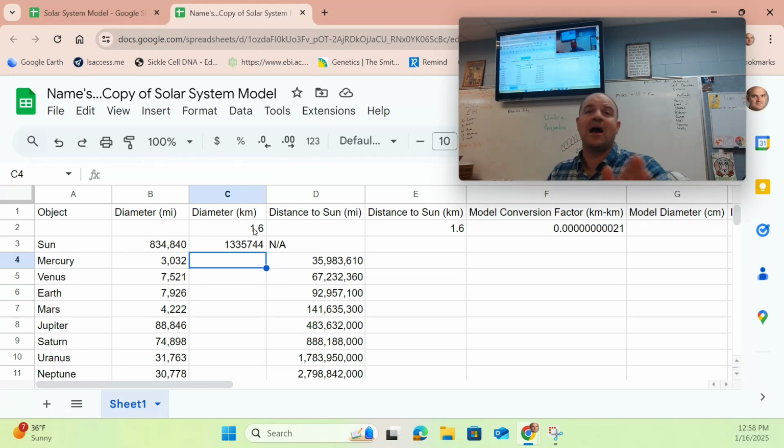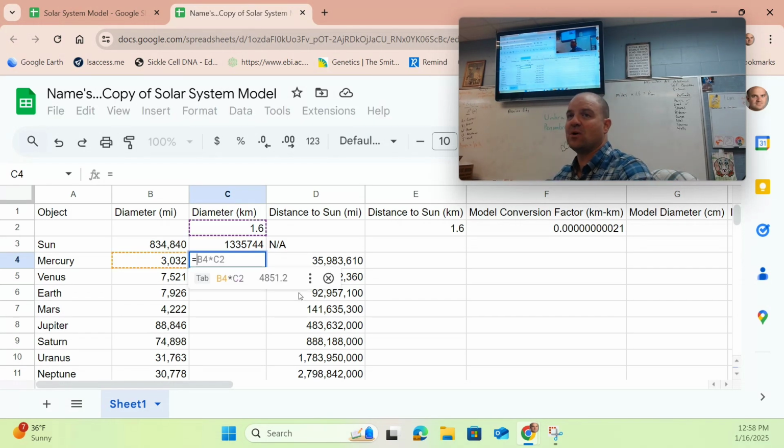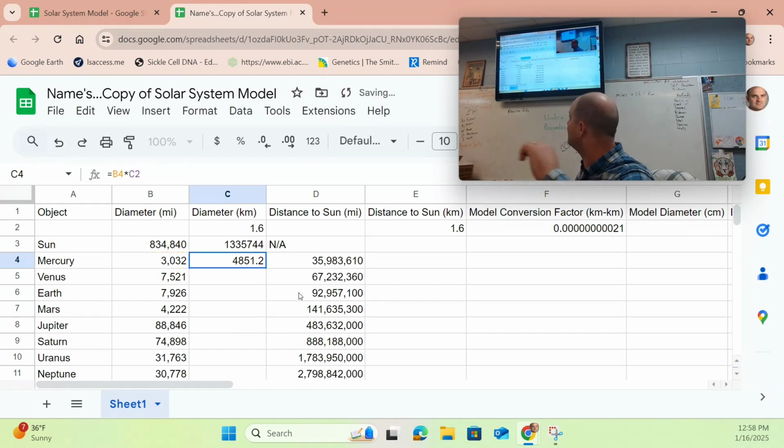Enter. Now, once you get the first box in, go to the next one down, hit equals, and you will see it is once again making a suggestion. Verify that that's what you want to have happen. That is what I want to have happen. Hit enter. It's not coming up for me, so you'll have to manually input it.